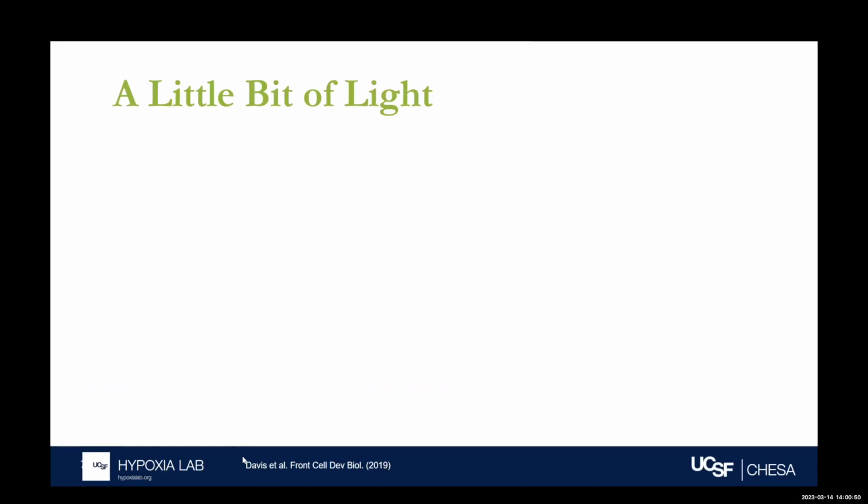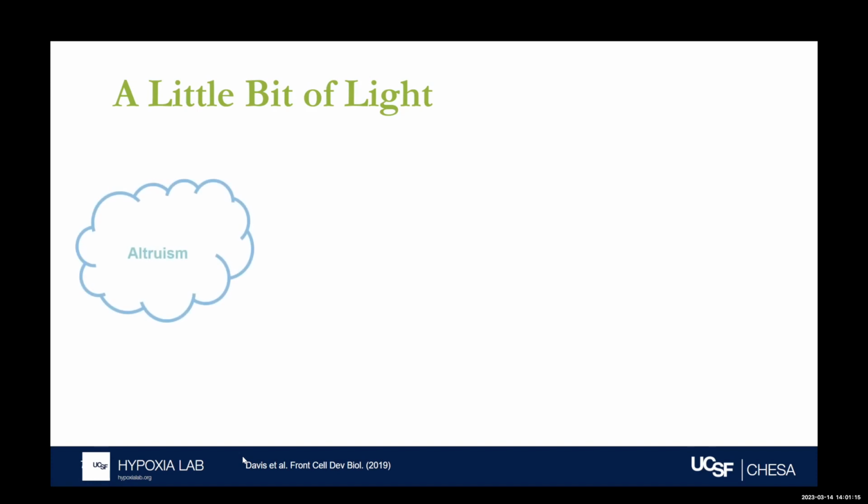I just wanted to share a little bit of light. I know we're talking about barriers, but there are also reasons that participants cite for wanting to be included in studies. The ones that I'm about to share are from a 2019 study that was published in the Frontiers in Cell and Developmental Biology journal about why a focus group of participants chose to take part in biobanking studies for genetic diseases.